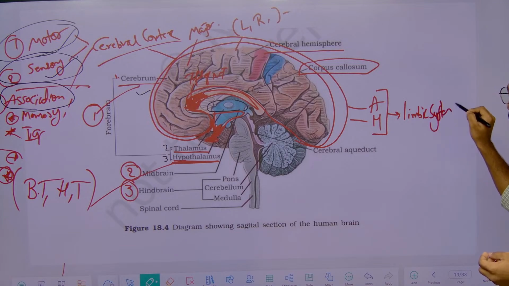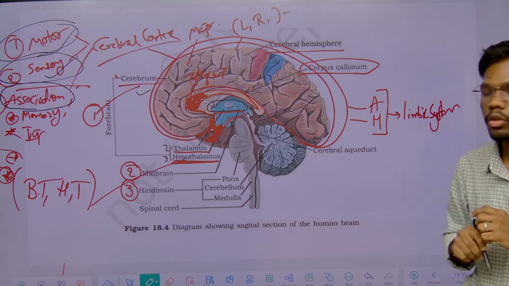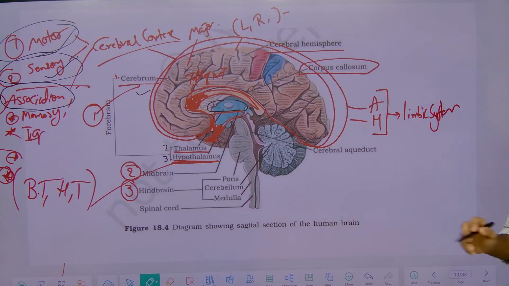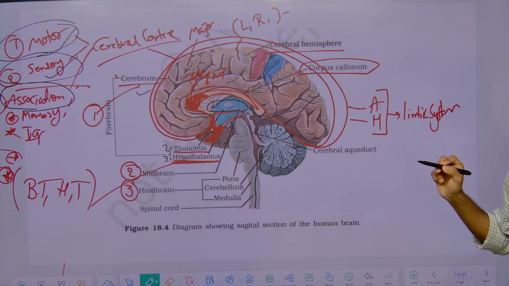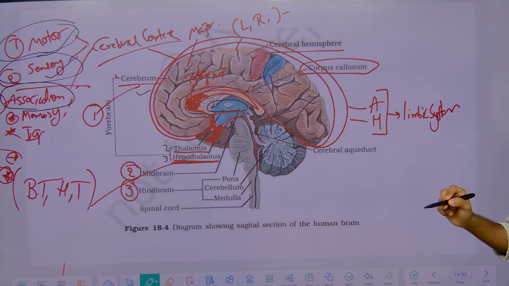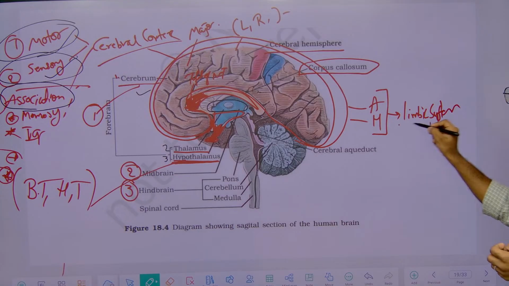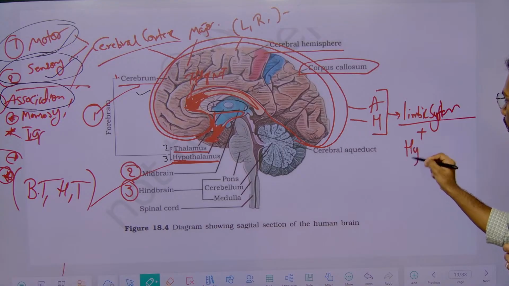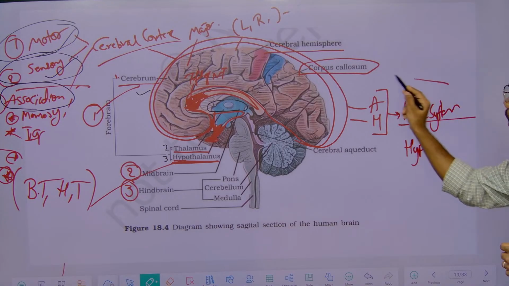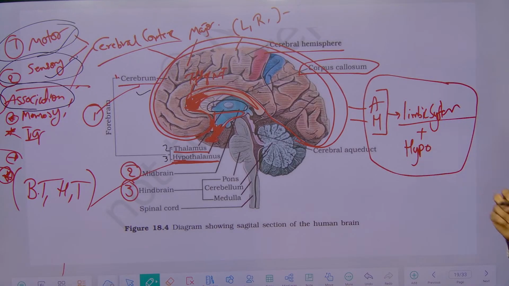What is that? There are two portions, the amygdala and the hippocampus. These two regions grouped together form one system which is called the limbic system. Along with the limbic system, there is the hypothalamus. All these together perform different kinds of functions.